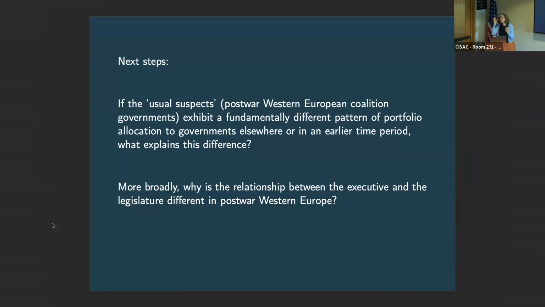You could probably think of a lot of reasons why post-war Western Europe looks different. The challenge is figuring out why those factors would alter how the bargaining process works in such a way that the prime ministerial party is disadvantaged. More broadly, what we want to know is, why is the relationship between the executive and the legislature different in post-war Western Europe to other cases?